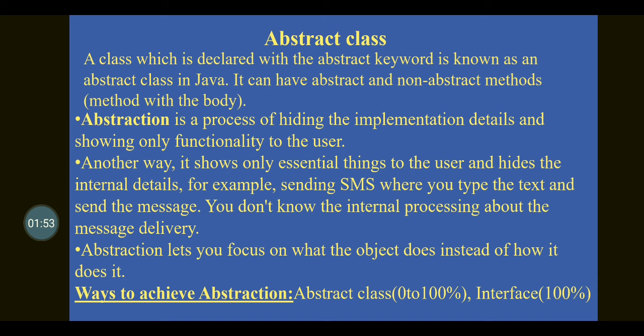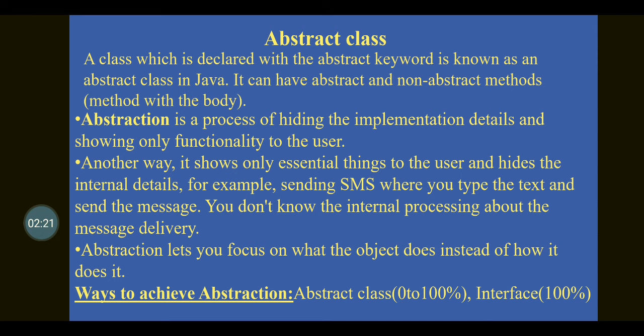In order to achieve abstraction, there are two ways. One is through abstract class and another one is through interface. With the help of abstract class, 0 to 100 percent of abstraction is possible, but in case of interface, 100 percent abstraction is possible. This is because the abstract class can contain non-abstract methods also.